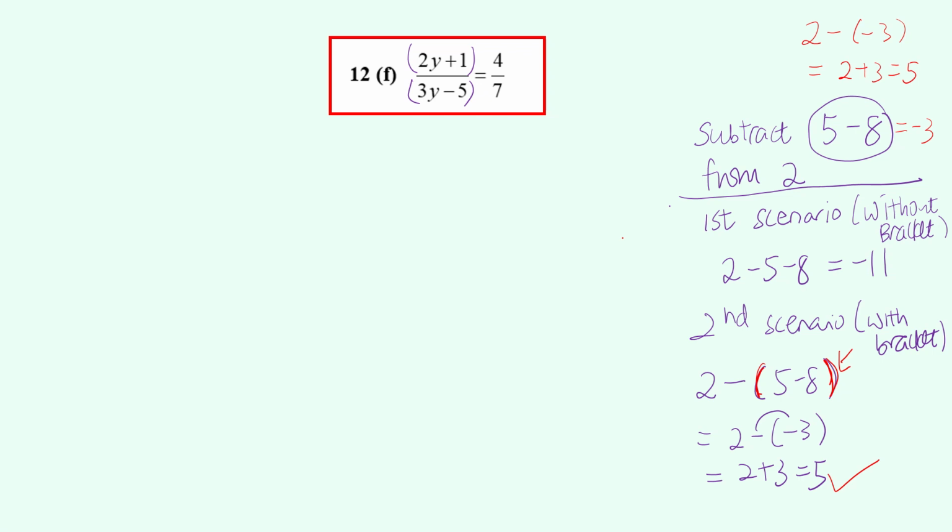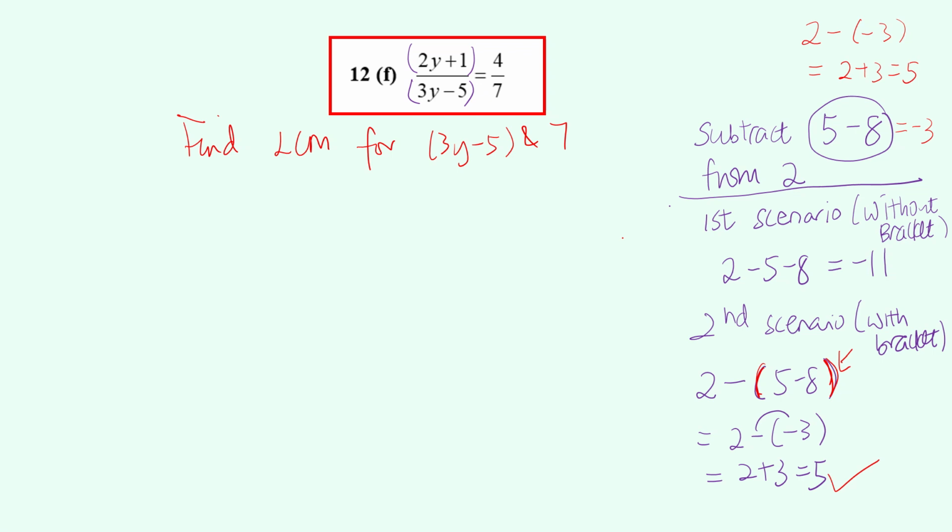So how do you solve these questions? You just have to make the denominator the same. What do you mean by making the denominator the same? It means to find the lowest common multiple for 3y minus 5 and 7. So what is the lowest common multiple for 3y minus 5 and 7?